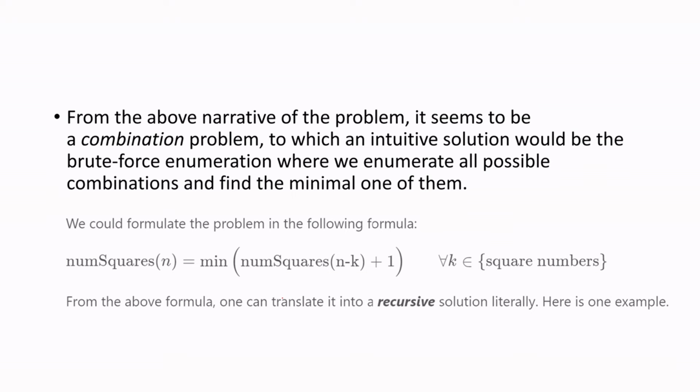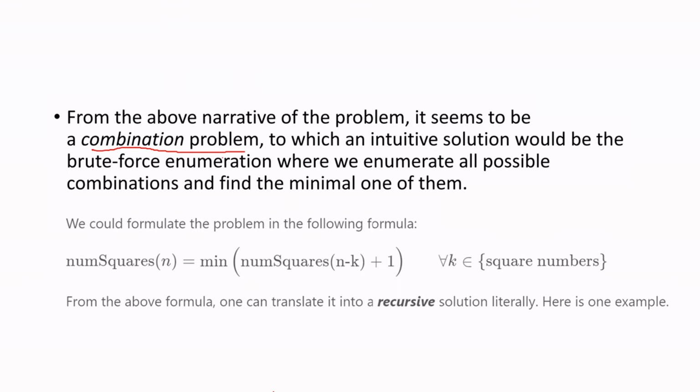So from the narrative of the problem, it seems to be a combinatorial problem, right? Because we have multiple solutions, multiple sums, in which we have to find the least one. The least number of squares used to sum to the value is what we have to return.